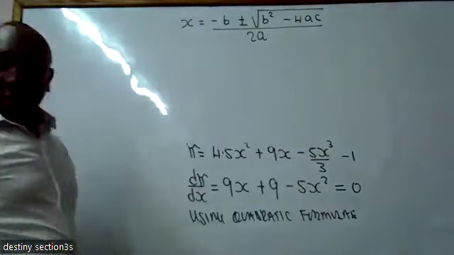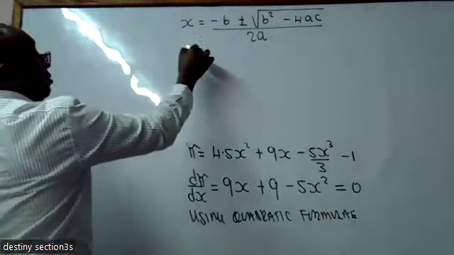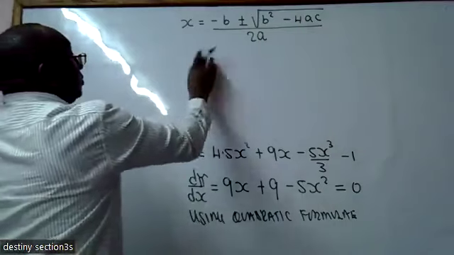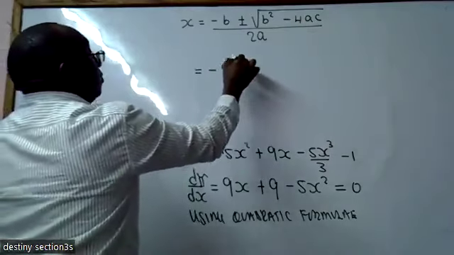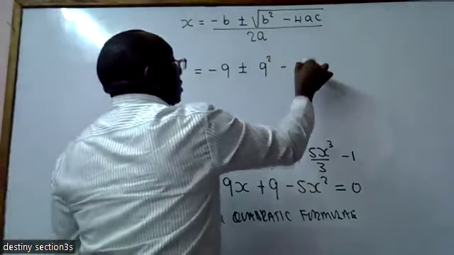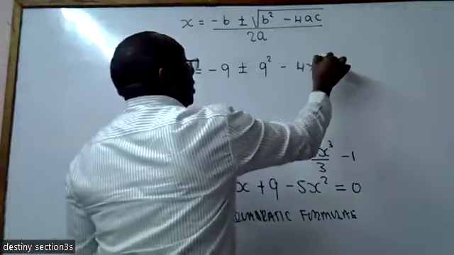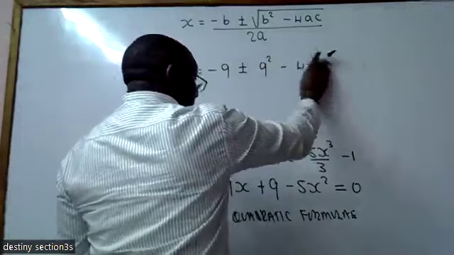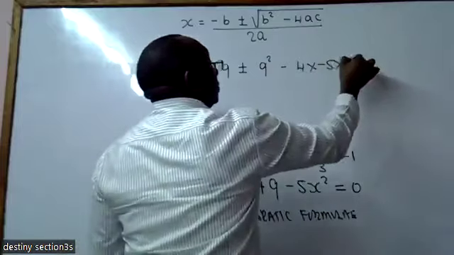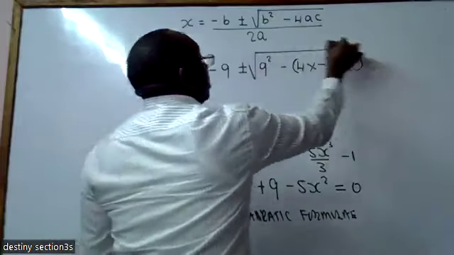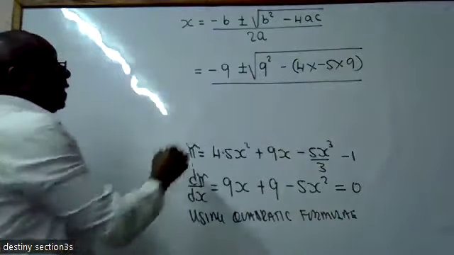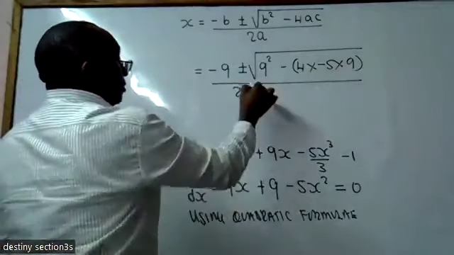So sasa ikiwa namna hiyo, our b is this one, so it's minus 9, plus or minus the square root of 9 squared minus 4 times a, sorry, a is minus 5, and c is 9, divided by 2 times a, which is minus 5.